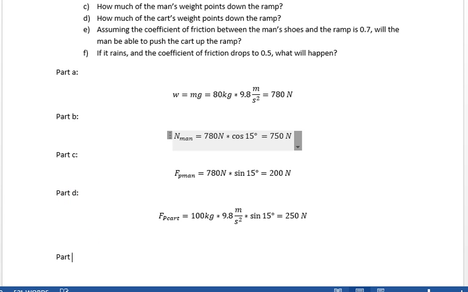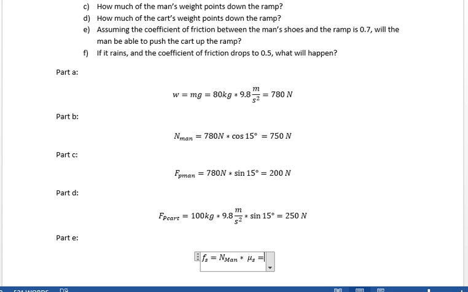Part E. Assuming the coefficient of friction between the man's shoes and the ramp is 0.7, will the man be able to push the cart up the ramp? What is the maximum frictional force this man can exert? It's his normal force times the coefficient of static friction.